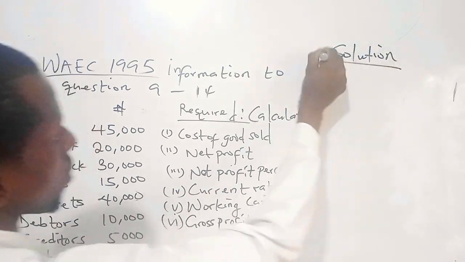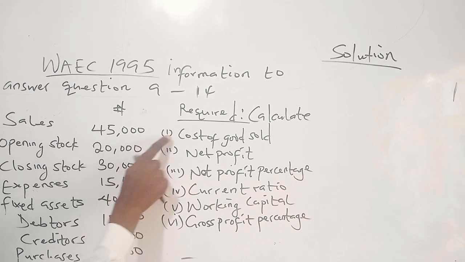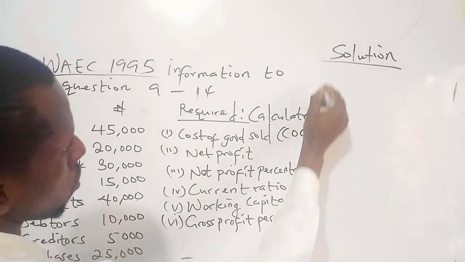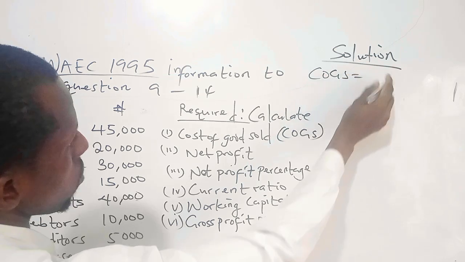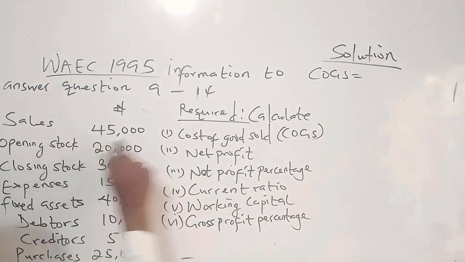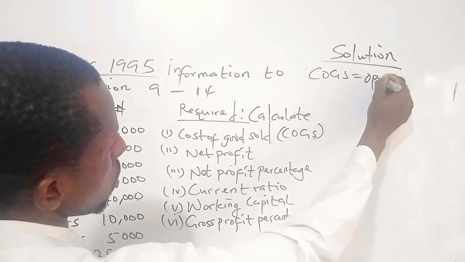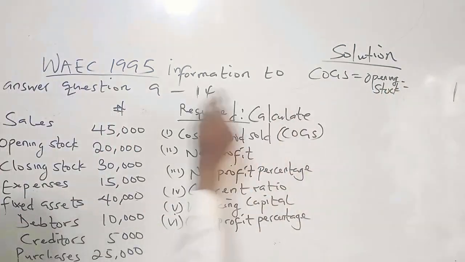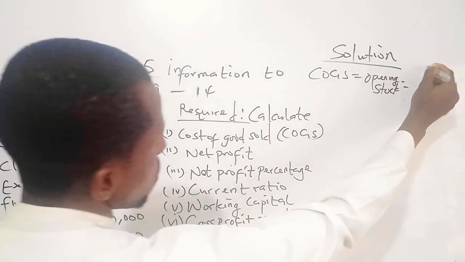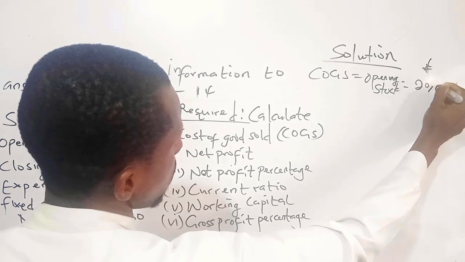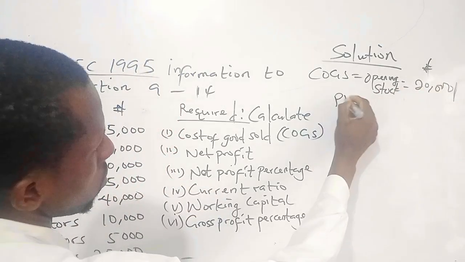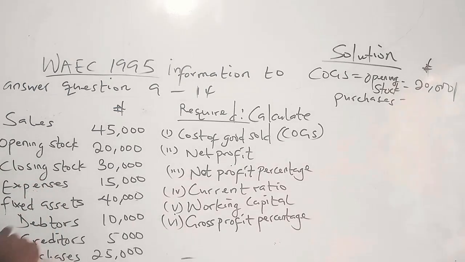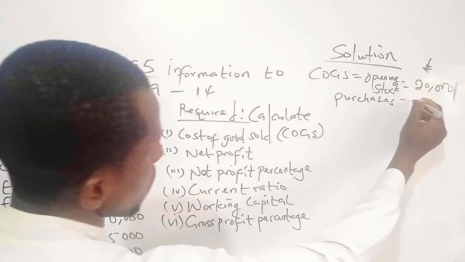Solution. The first one is to calculate the cost of goods sold. So I have to bring back my opening stock, which from the question is 20,000 naira. I had my purchases from the question, which is 25,000 naira.